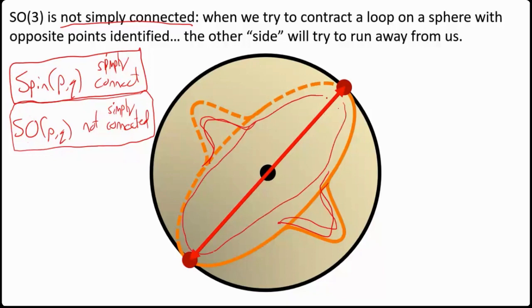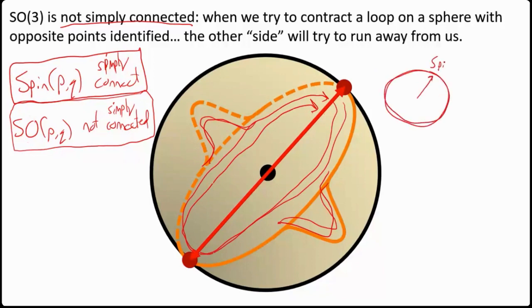Yeah, so that's kind of why spinors, when you bring them around once, because spinors live in SU2, in Spin 3, when you go around half a rotation, you get a minus sign, but that's a full rotation here because it can't tell the difference between these 2 points, so it thinks it's back where it started.